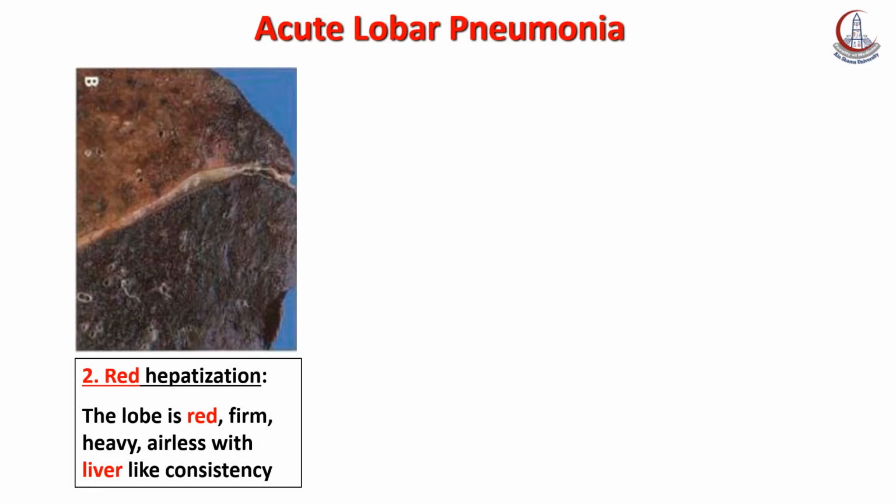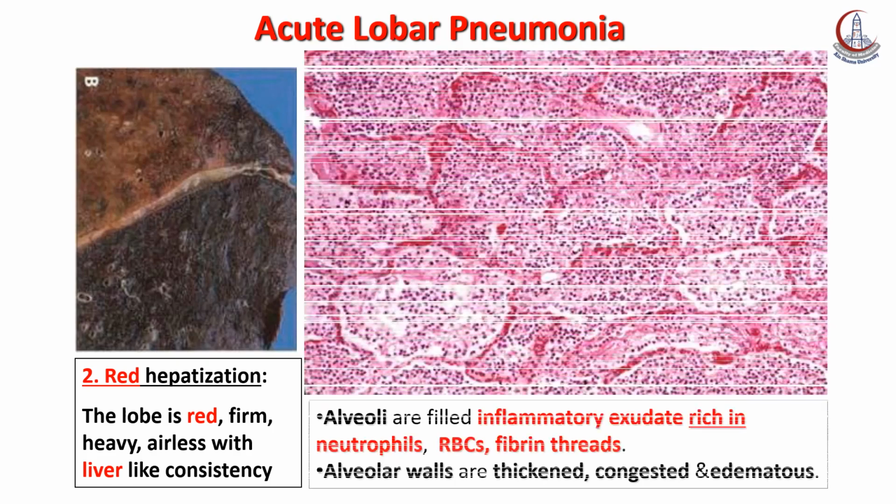In red hepatization, the affected lobe is reddish to brown in color, firm, heavy, airless, containing edema fluid. The whole alveoli have no air, but are replaced by edema fluid and fibrin exudate.